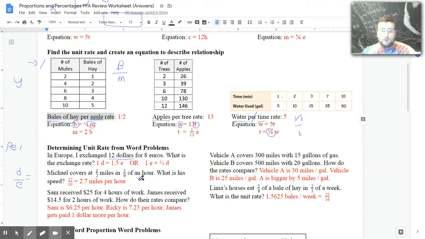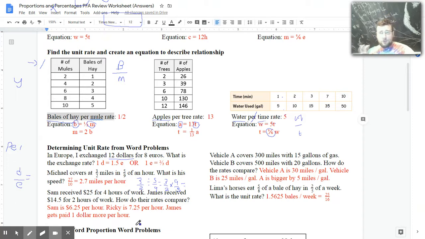All we would do here is take that 3/2 and divide by 5/9. Now, the tricky part is that you're dividing fractions. But remember, all you have to do is copy, flip. So you get 3/2, and you flip the second one, so 9 over 5. And then you would get this answer, 27/10 or 2.7 miles per hour, right?